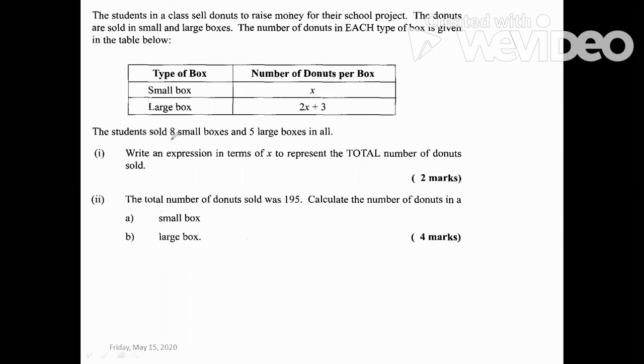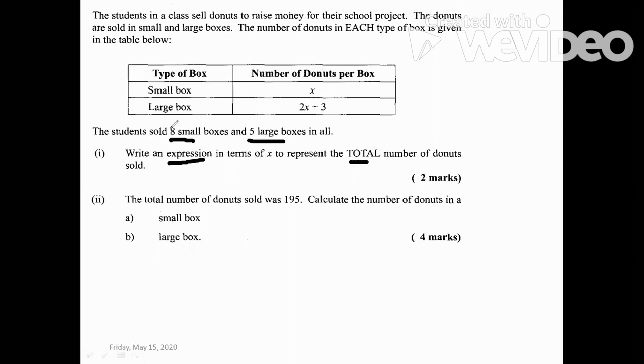Now we have some more information. The students sold 8 small boxes and 5 large boxes in all. Alright? So question number 1 says write an expression in terms of x to represent the total number of donuts sold.